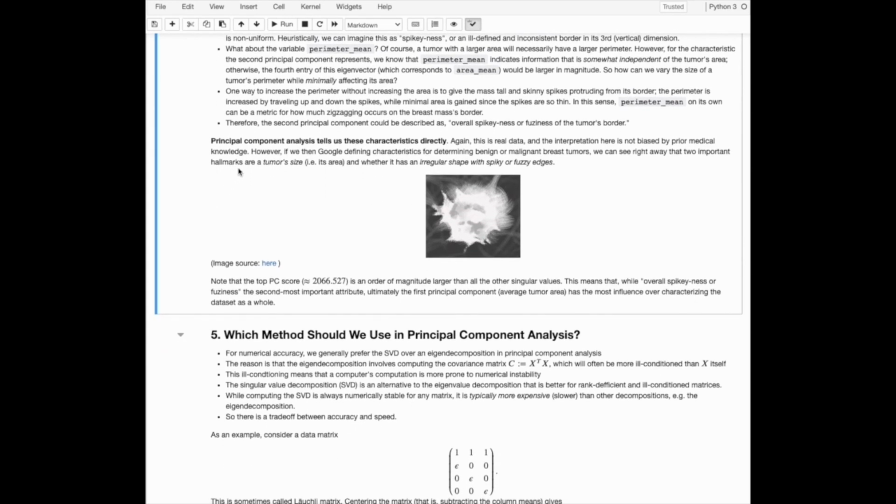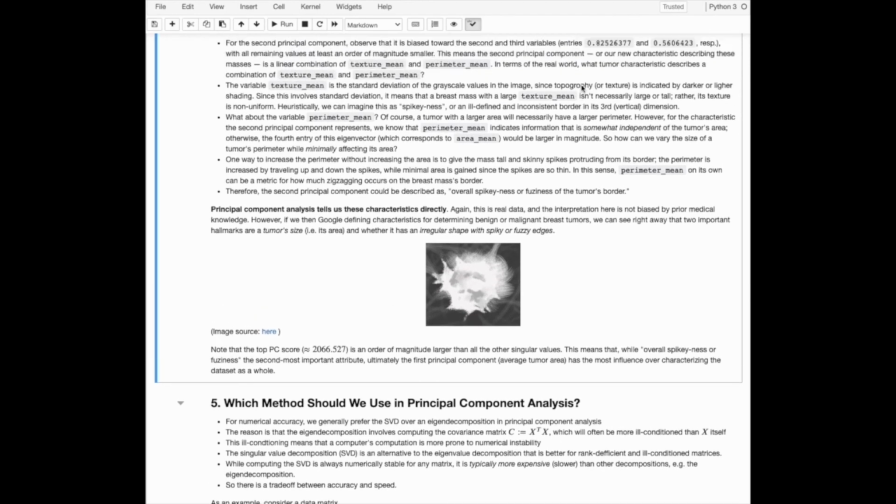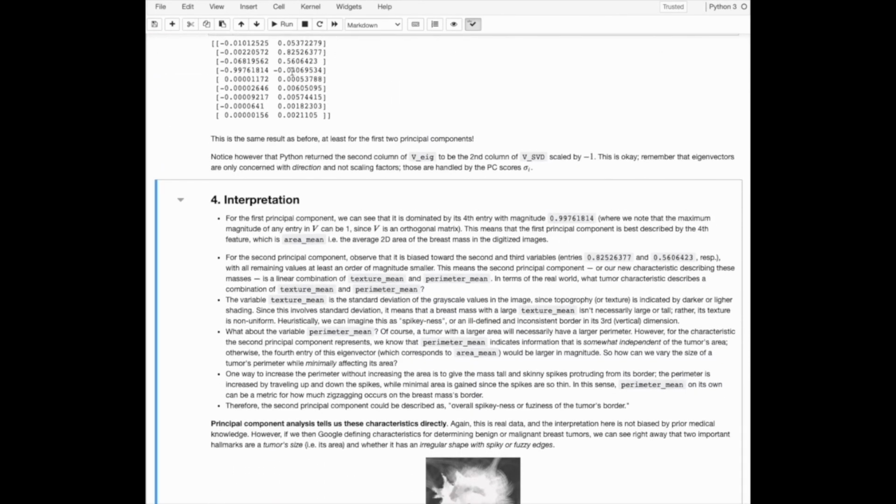However, for the characteristic the second principal component is describing, we know that perimeter mean indicates information that is somewhat independent of the tumor's area. For otherwise, the fourth entry of this eigenvector, which corresponds to area mean, would be larger in magnitude.